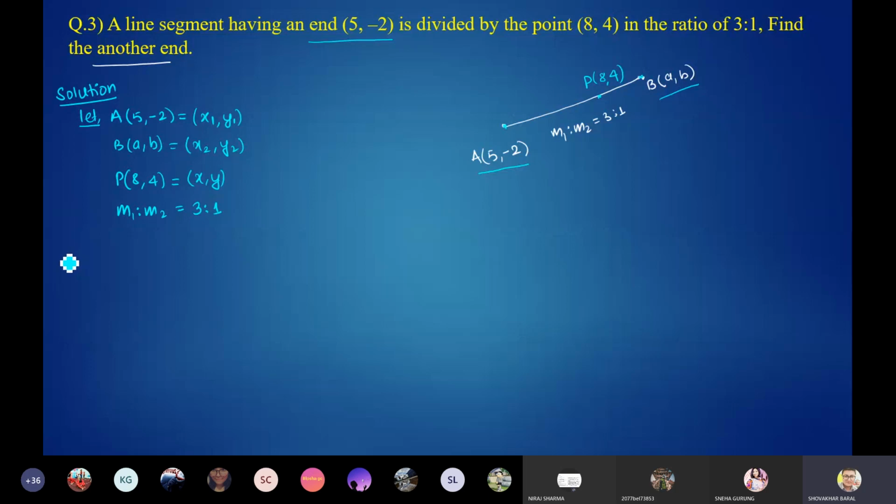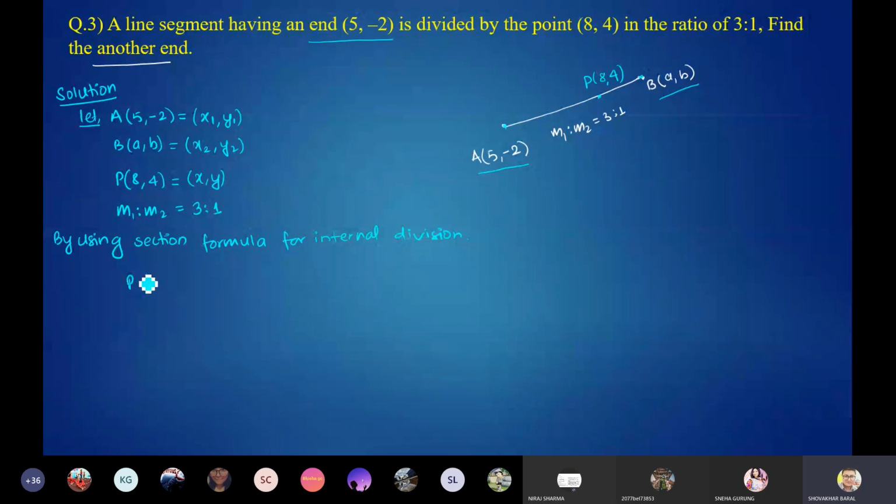So if the question has not stated which formula to use, whether it is internal division or external division, and you are in confusion, then we can use the formula for internal division. By using section formula for internal division, please write along with me.